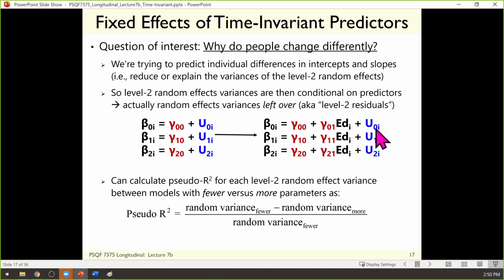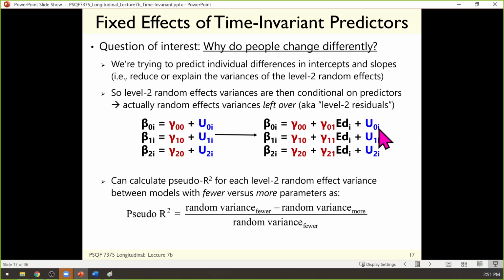So the idea of it accounts for the one in its line here. Pseudo R-square is one way to describe explained variance. So what one would do is start with a model that is unconditional. So like these equations on the left here, we would get how much random intercept variance is there to begin with, how much random time slope variance is there, how much random quadratic time slope variance is there, and then we would see how much is still there after controlling for education.